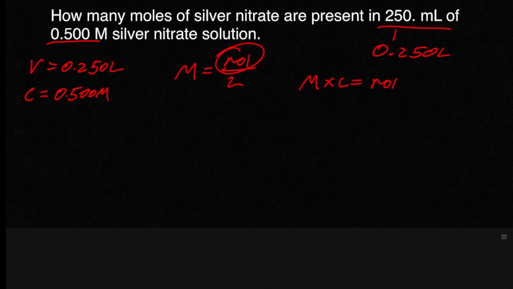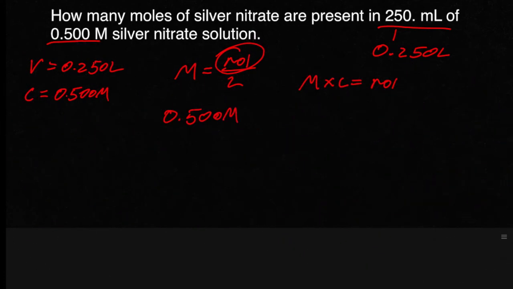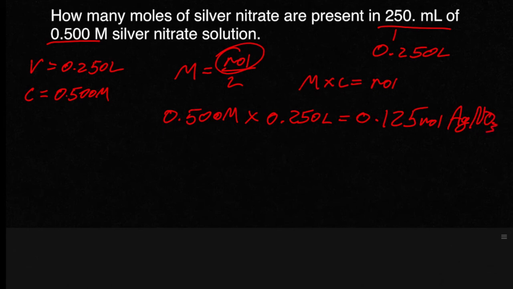The molarity is 0.500 molar, paying attention to our significant figures, multiplied by 0.250 liters, and we find that we have 0.125 moles of silver nitrate, AgNO3, in this solution.